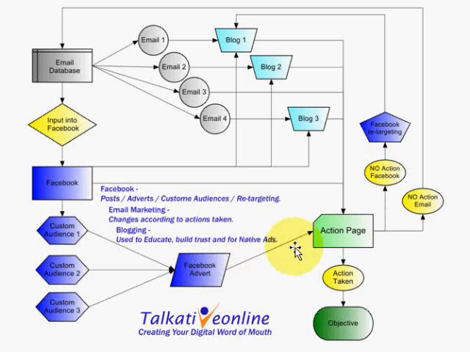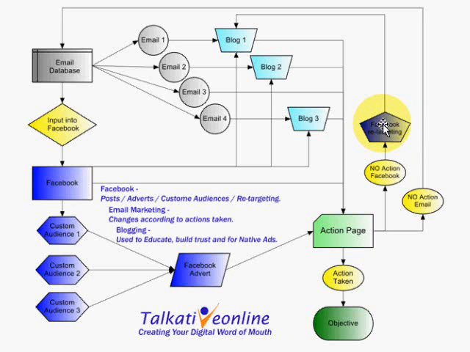With a Facebook ad, they will have been driven across to your action page, and one of two things has now happened. They have either taken the action and you've achieved your objective, or they have said no and clicked off without going any further. If they click off, Facebook now gives us the opportunity, with some little bits of code that can be added to a page, to retarget them.